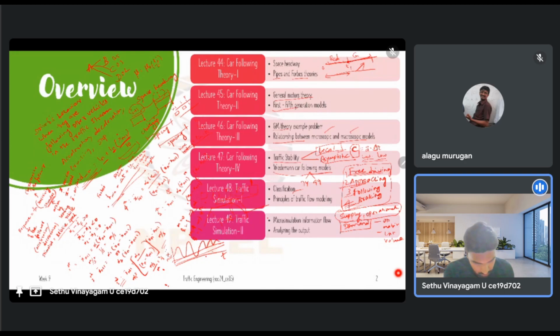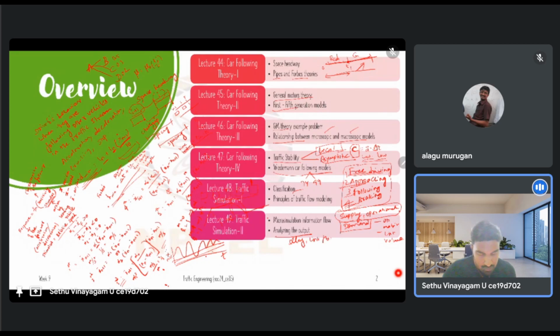Those are the information that we give, and then the model takes these inputs, simulates the behavior, and we get the outputs. The outputs could be different things. It could be delays, if it is an intersection that we are analyzing, and the link flows.